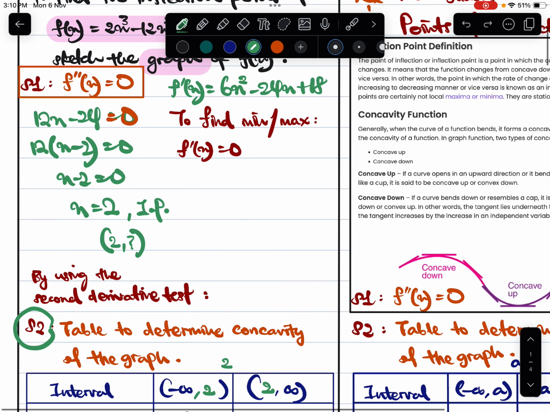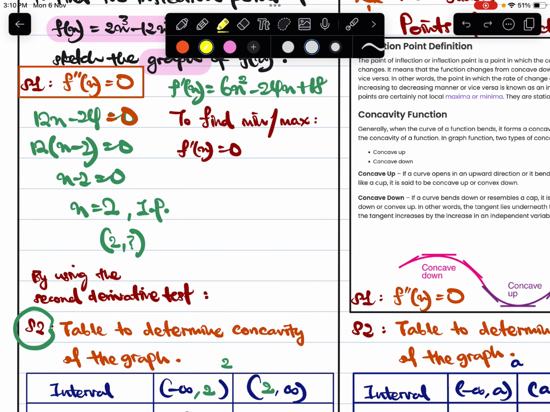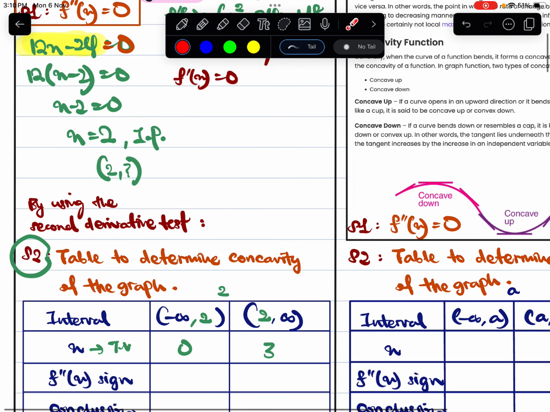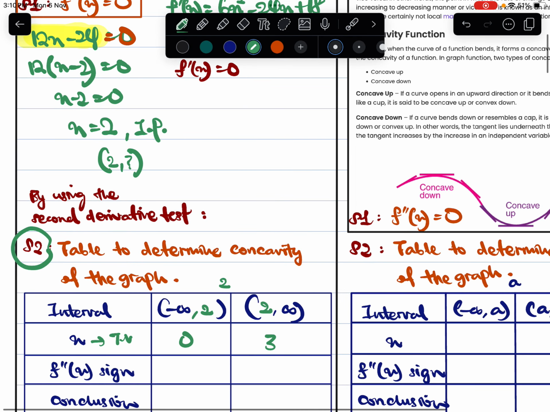You must refer to your second derivative. Sub in the value of 0, your test value, into this second derivative, and you will get a negative sign. While for this one, you sub in 3 into the second derivative, and you will get a positive sign. Like usual, you have done this so many times.